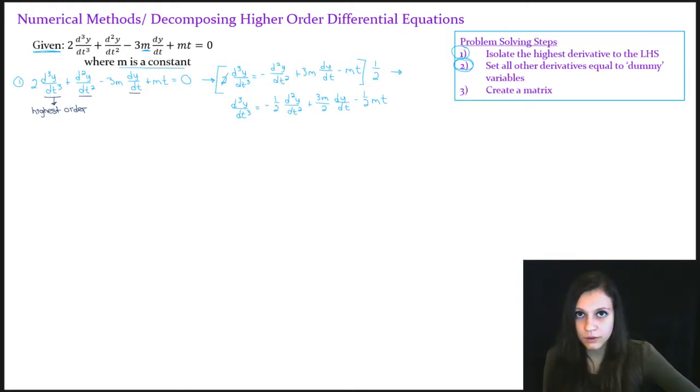So before I do that real quick, I'm going to go ahead and identify my independent and my dependent variable in this differential equation, because that will make it a little bit easier for when we put the system of first order differential equations into a matrix.